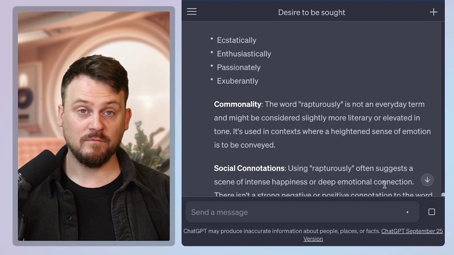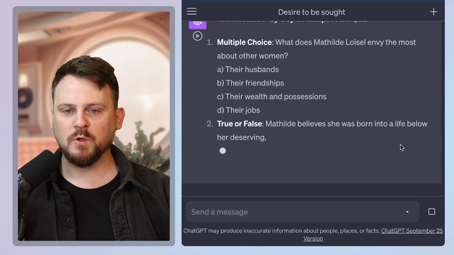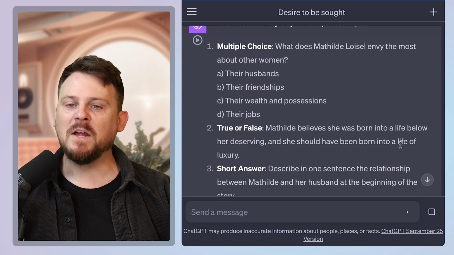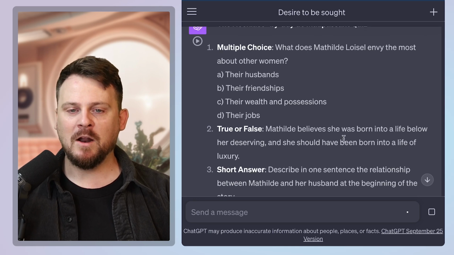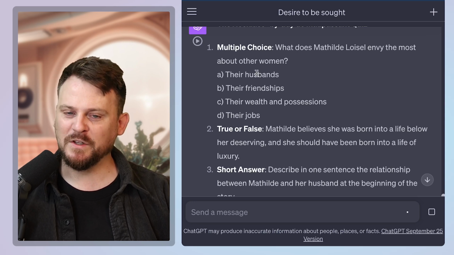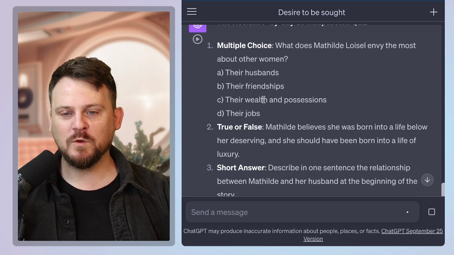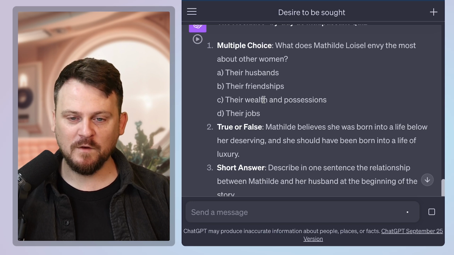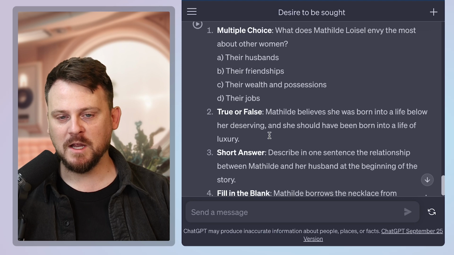I want to actually see how well I remember the story itself. Multiple choice. What does Mathilde Loisel envy the most about other women? Their husbands, their friendships, their wealth and possessions? I'm going to go with C. True or false? Mathilde believes she was born into a life below her deserving, and she should have been born into a life of luxury.